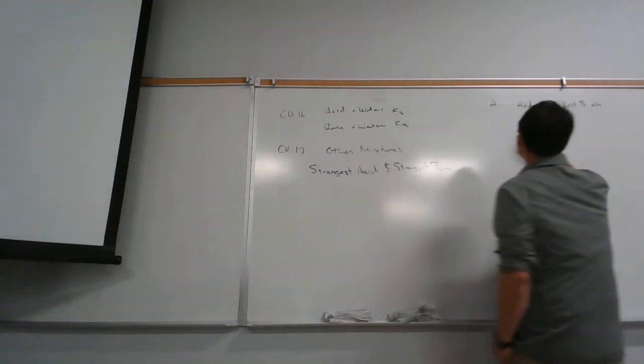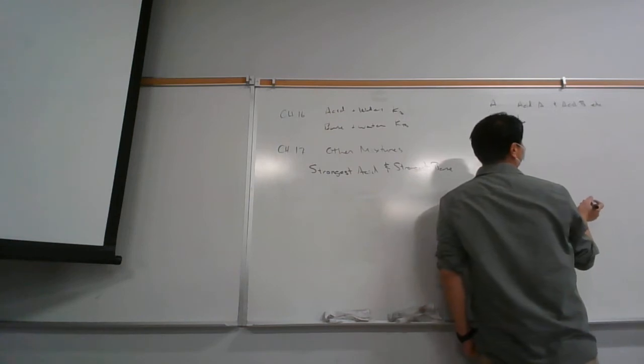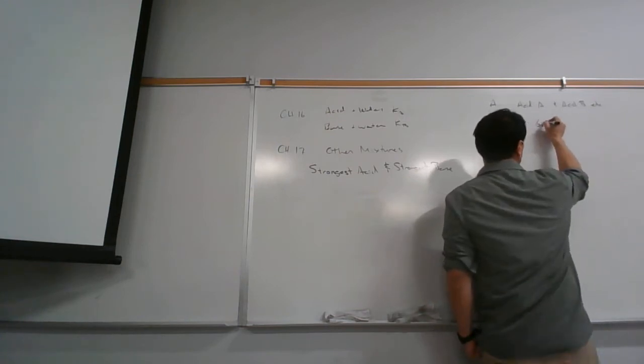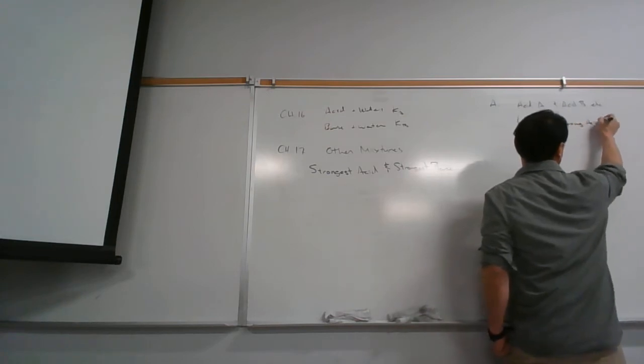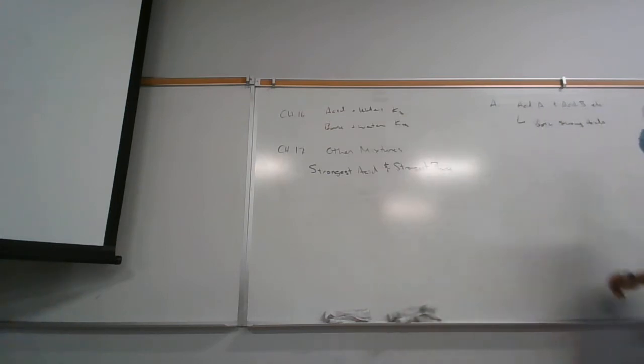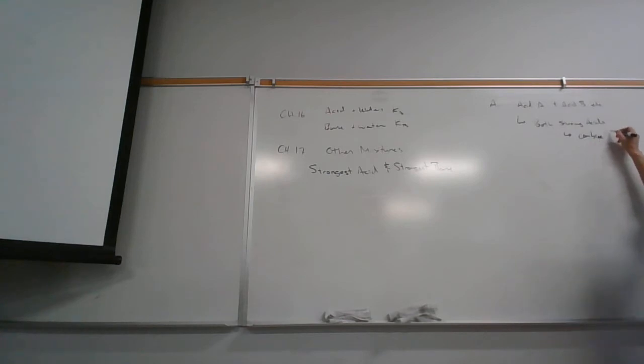One example of that would be if acid A and acid B are both strong acids. If those are strong acids, then we just combine the H plus, the total H plus, or hydronium, in solution.